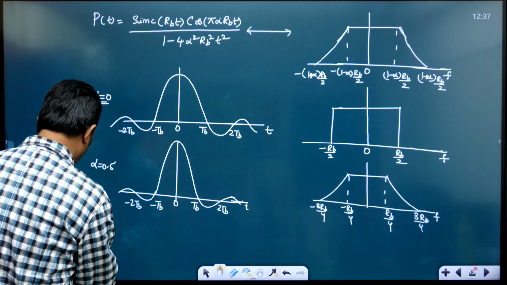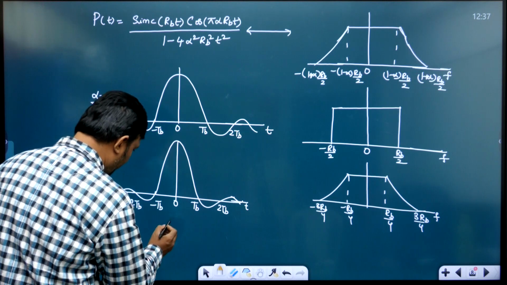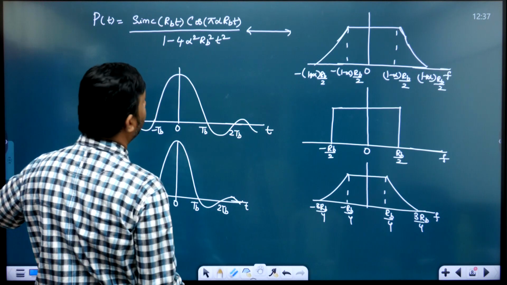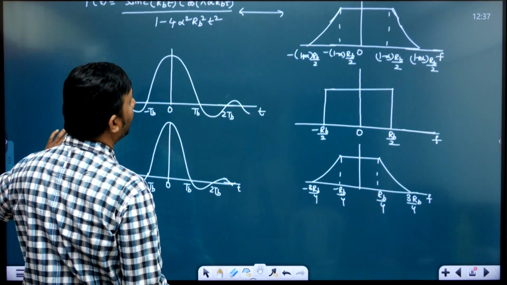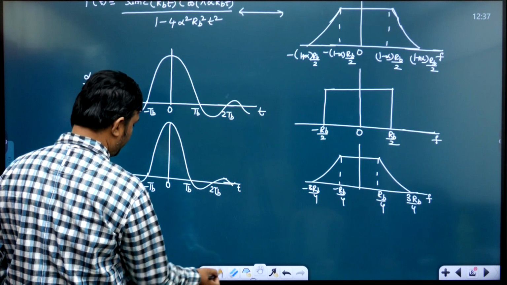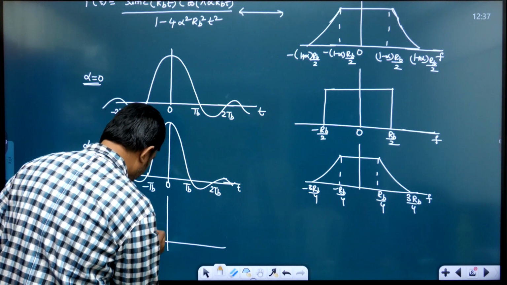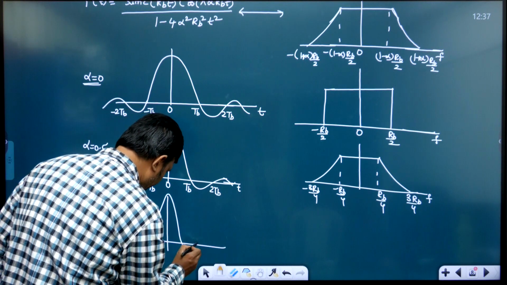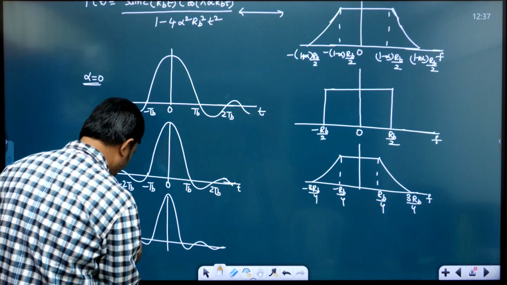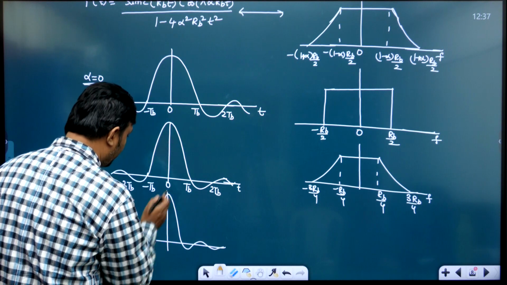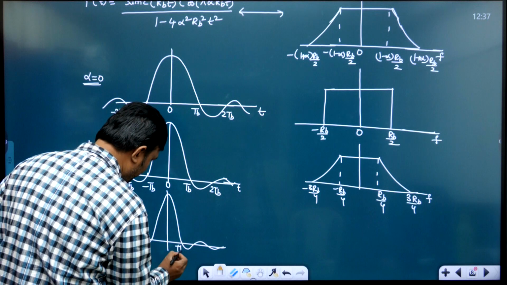If alpha is equal to 1, the width of the main lobe still decreases.